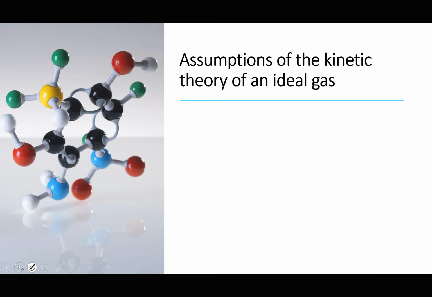Number one, we always assume that all molecules of an ideal gas behave as identical, perfectly identical, extremely hard that even when they collide with the walls, nothing happens to them. They are perfectly elastic spheres.